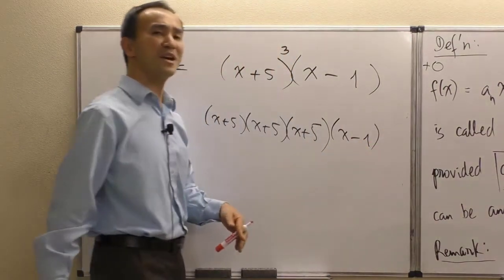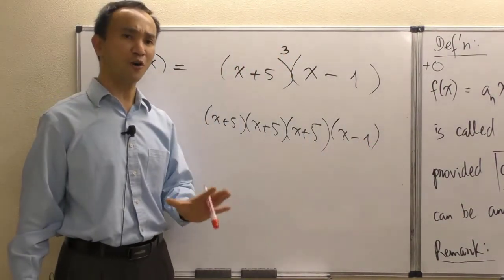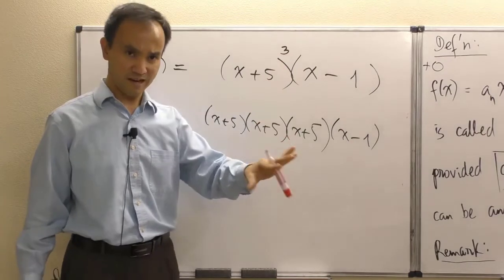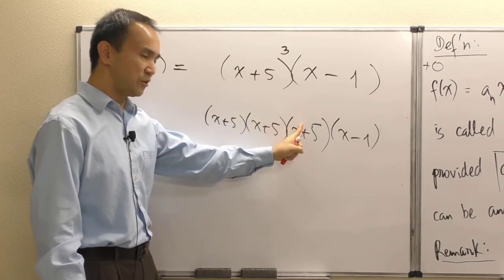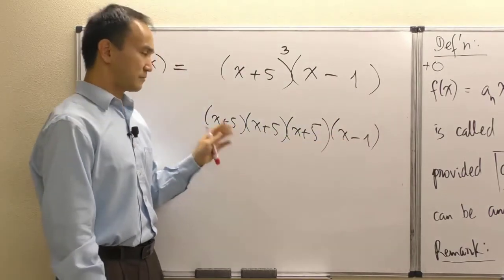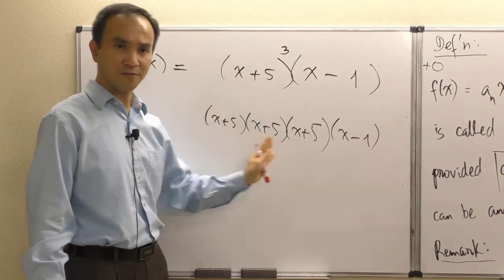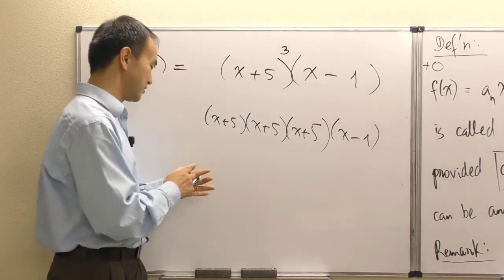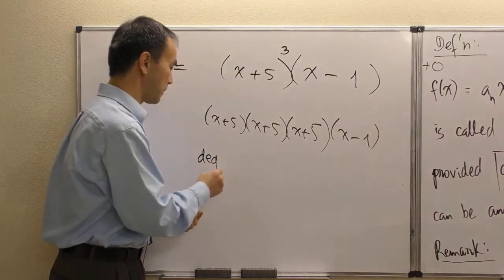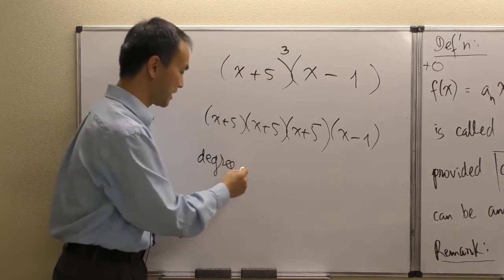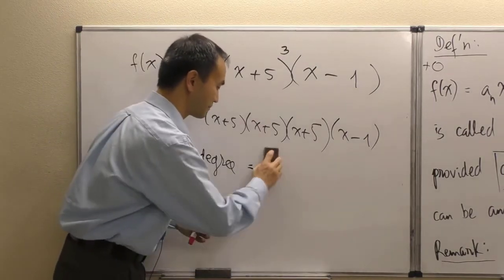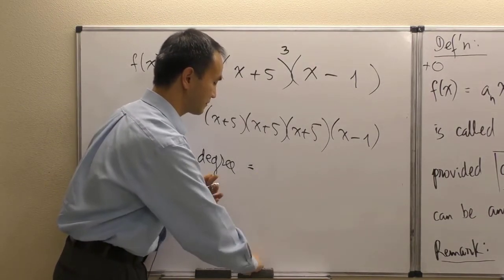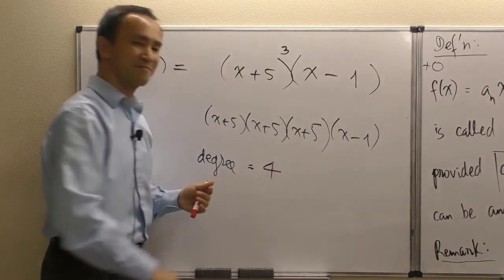So now measuring the overall degree of this polynomial, it's becoming clear. Degree 1, degree 1, degree 1, degree 1. That's making a total of a 4th degree. So the overall polynomial has degree 4.